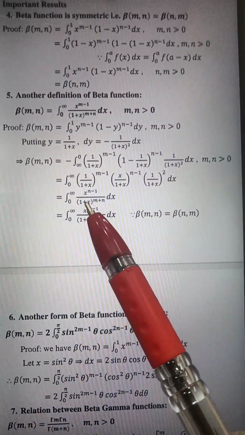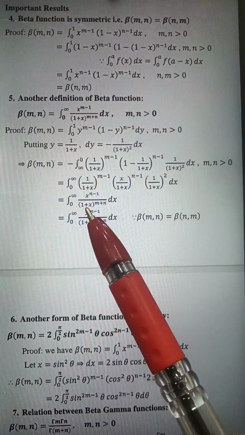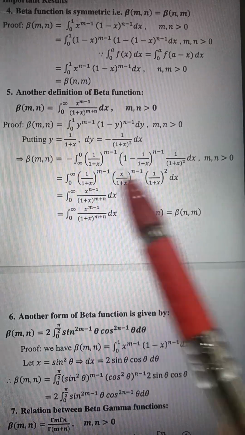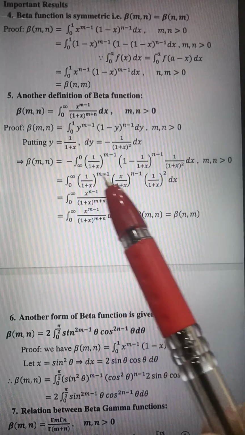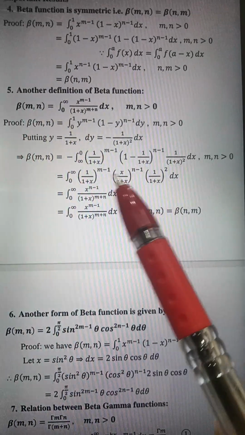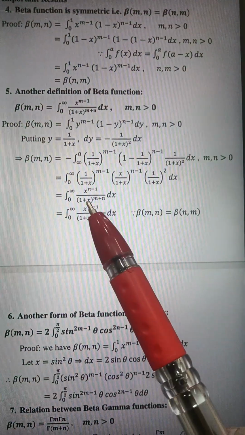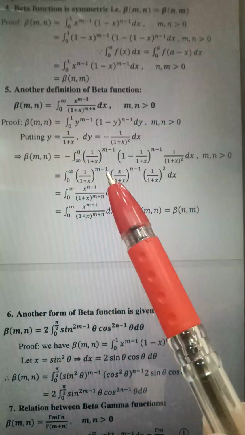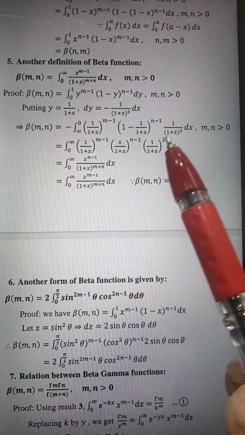Next, what we have done: the integral from 0 to infinity of x^(n-1) over (1+x)... See, as you know, when the base is the same, the powers get added. You must be knowing this. So we are using this result here. If we multiply it, what will we get? x^(n-1) as it is, and here we are writing 1+x as it is, because in the denominator 1+x is there. (m-1) plus (n-1) plus 2.